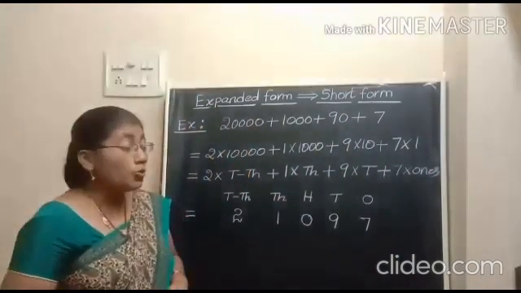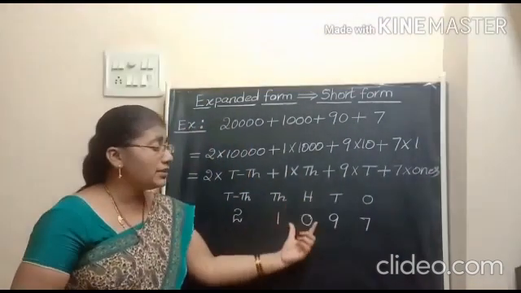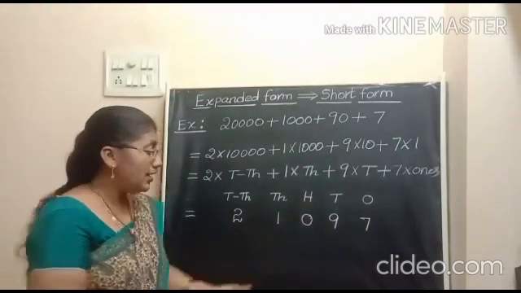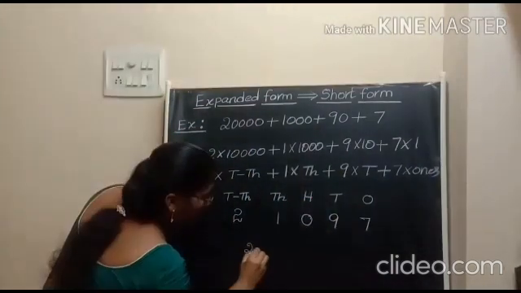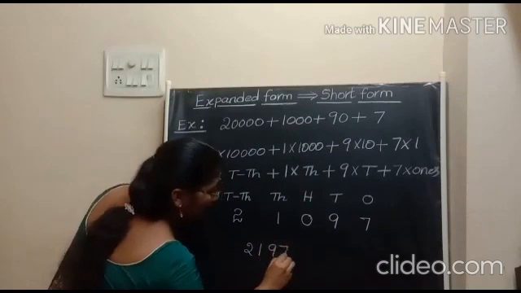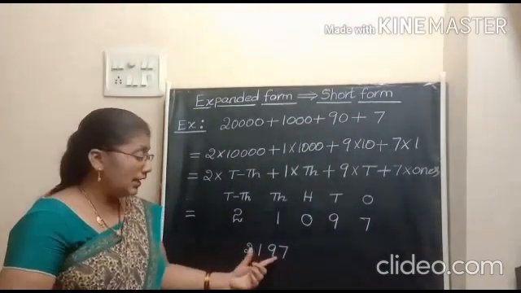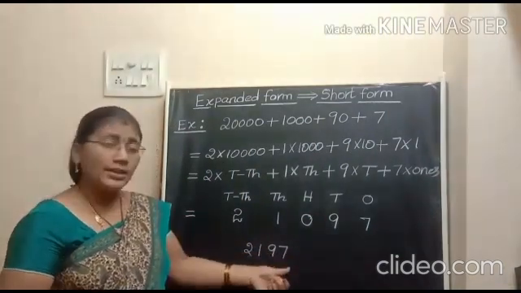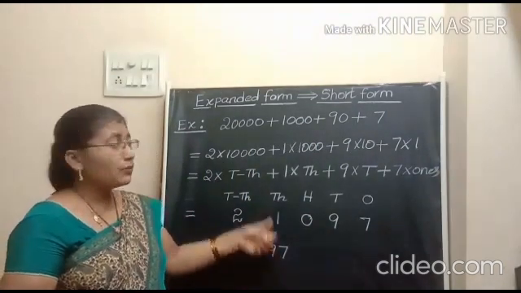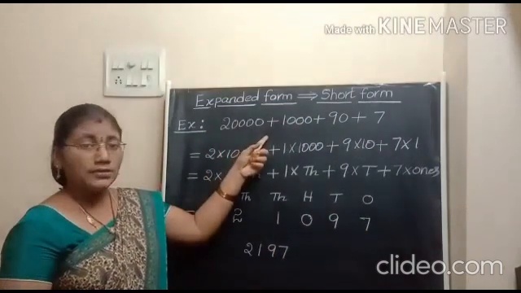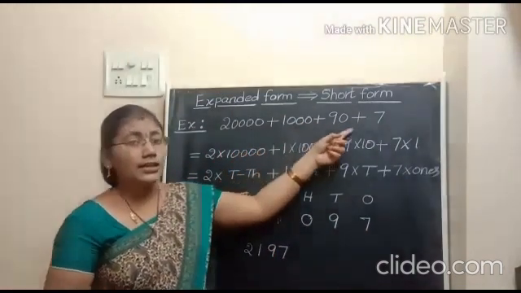But so many members just avoid this digit. They are writing like 2197. This is wrong. We have 20,000 and 1,097.